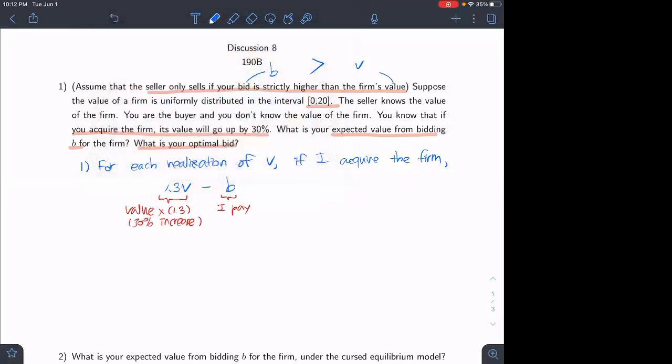So this is something like the point-wise revenue of my investment.